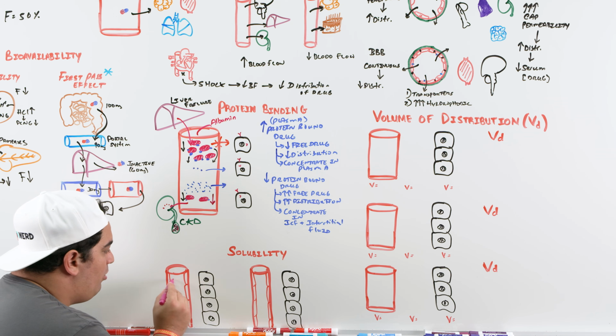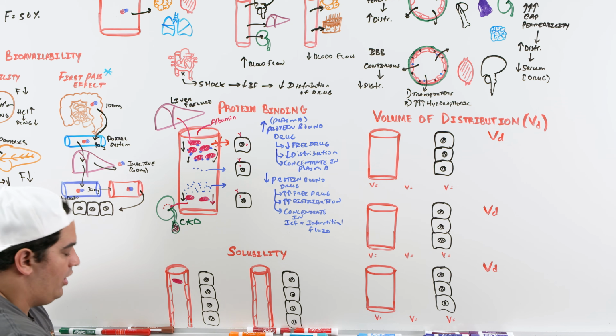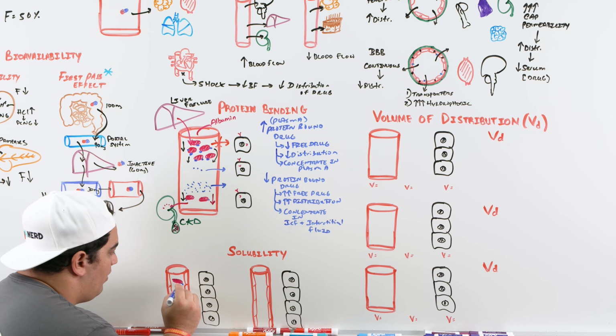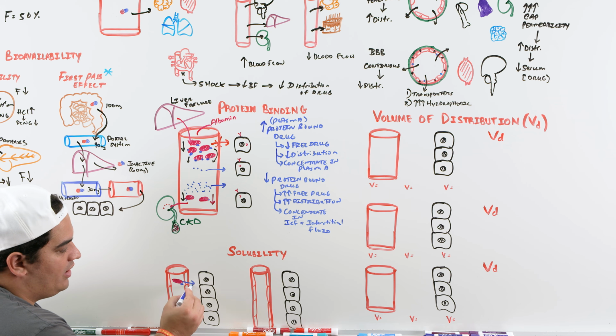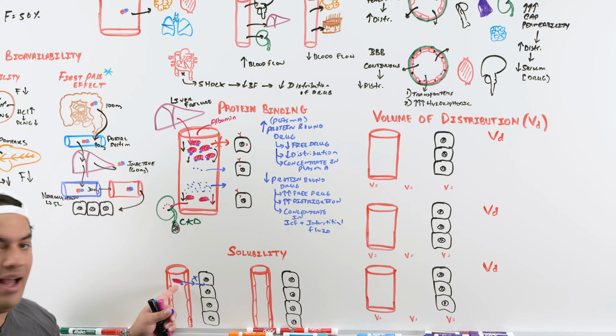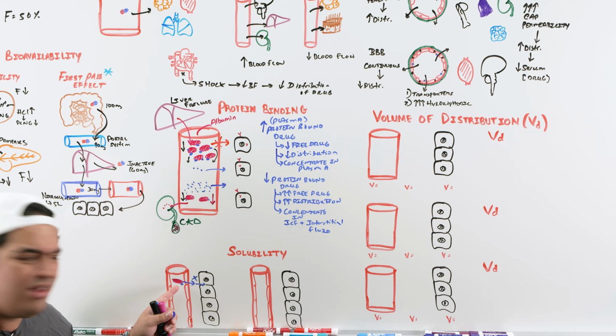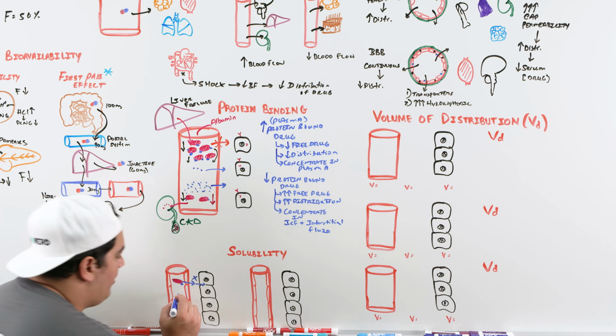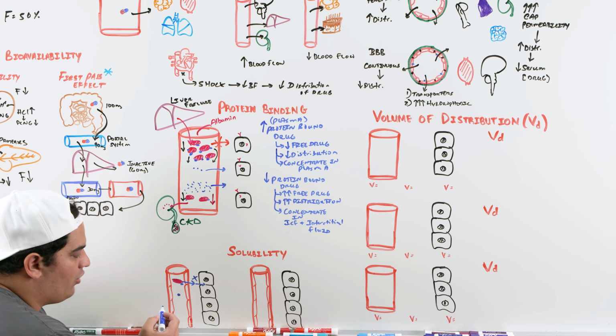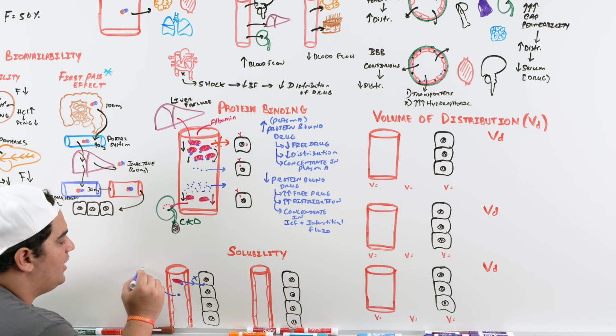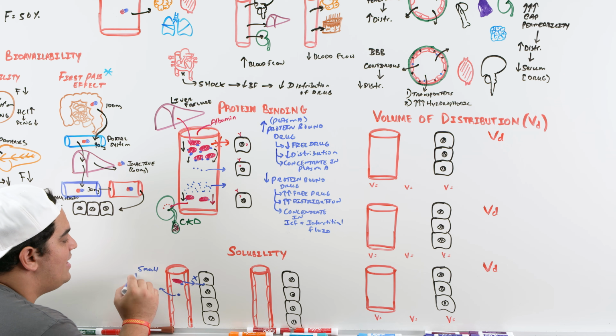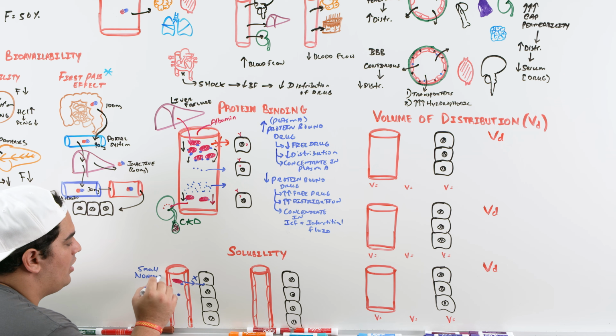If I think about albumin, right, this determines my degree of protein binding of the drug. So if I had a drug like this, well, would this drug be able to easily pass across this tissue and then again into the cells? No. You have this big honking hydrophilic charged large protein molecule? Heck no. But if I had a drug here, the free drug, and this free drug is small. It's non-polar, meaning that it's not charged.